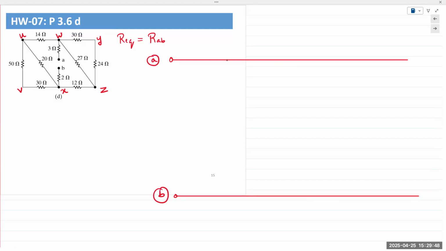So from A, we have a 3 ohm resistor. So I'm going to draw this. From A, we only have a 3 ohm resistor, but that 3 ohm resistor is connected to 14, 30, and 27. So I need some space to draw them out. So this is the 3 ohm resistor that's connected to A. And then we have 3 other resistors connected. So 27.